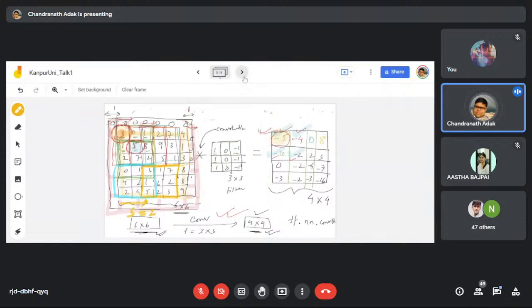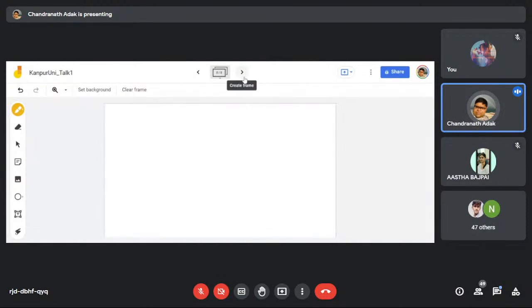Now another operation, the pooling operation.